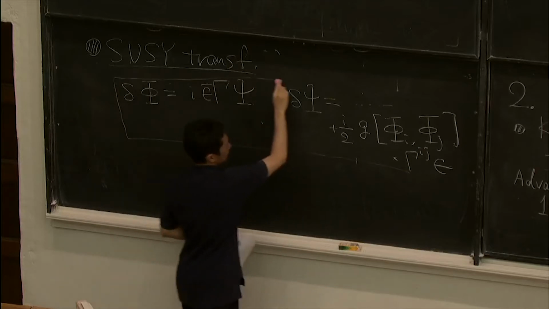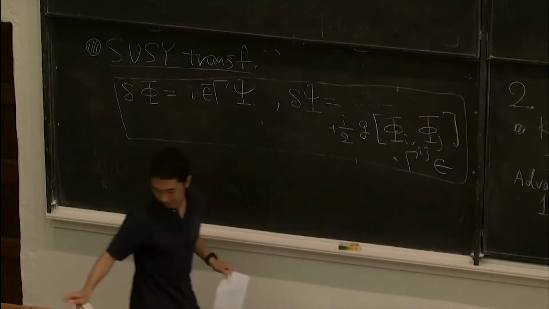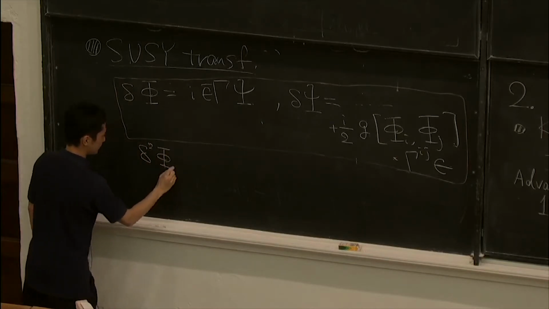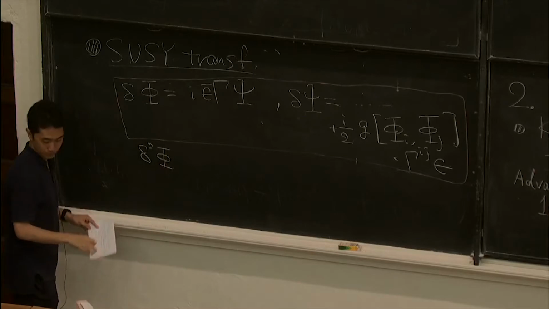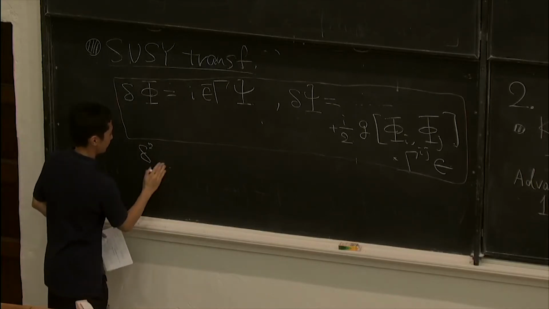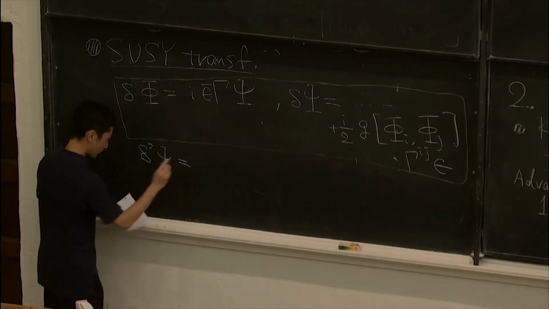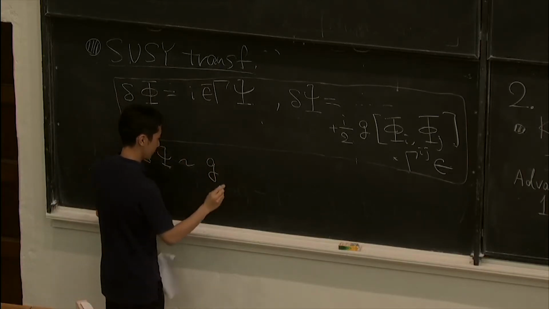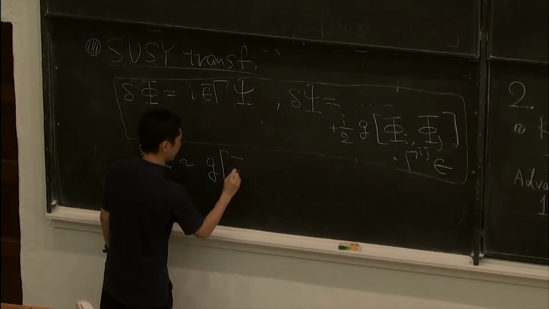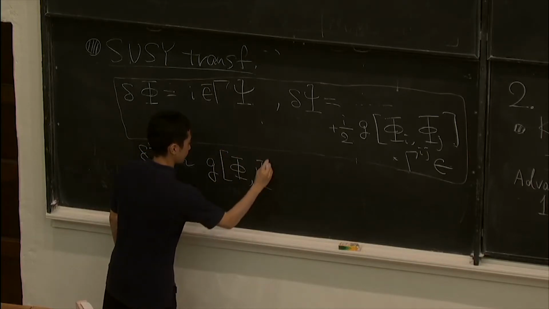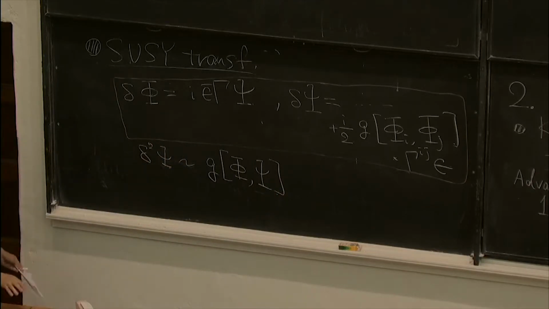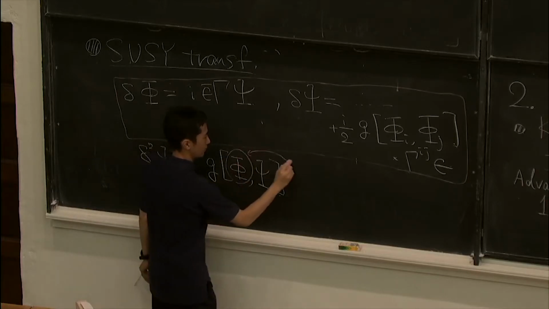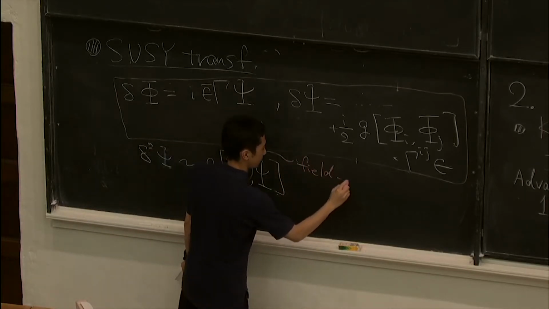So this exists in the SUSY transformation rule of N=4 super Yang-Mills theory. And one simple consequence of this SUSY transformation rule is that if you act with SUSY twice on the fermionic field, it contains some term which looks like this, where phi is some bosonic field. And so this is basically a field-dependent gauge transformation.